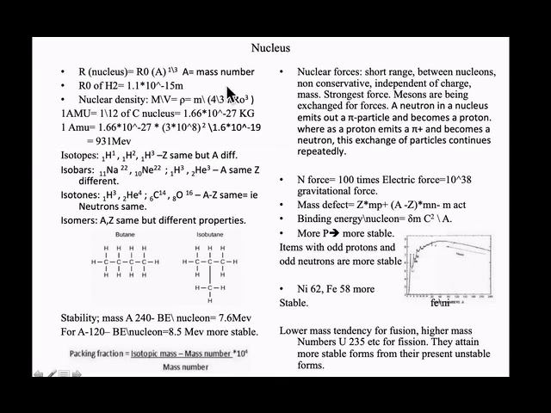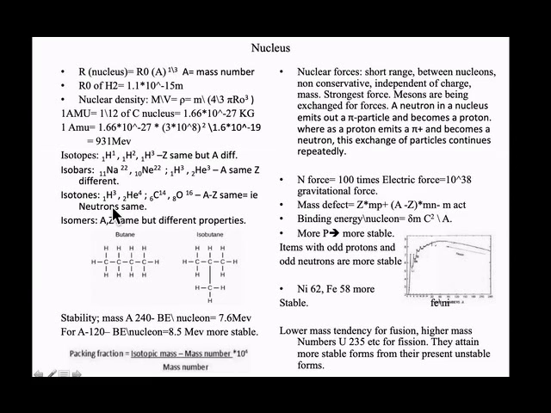Now in the nucleus itself we have isotopes, where the atomic number is the same but the mass number is different. We have isobars, where the mass number is the same but the atomic number is different. We have isotones, where the number of neutrons is the same. Suppose hydrogen-3 has 2 neutrons and 1 proton, and helium-4 also has 2 neutrons.